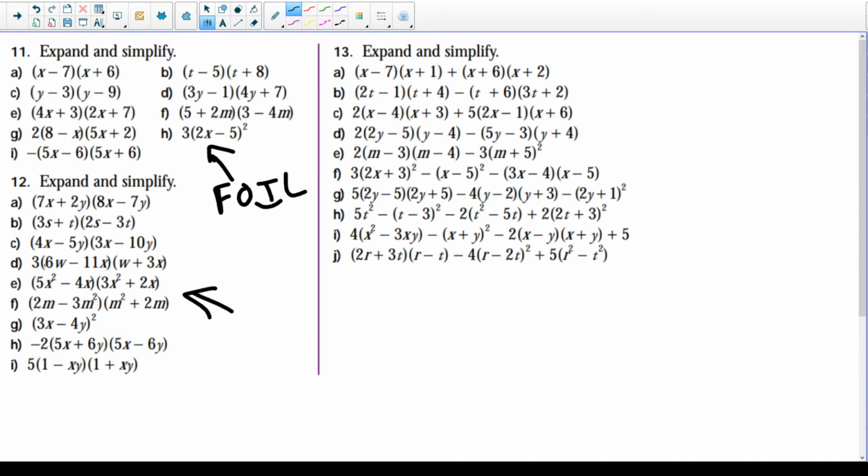Like if you look at D, there's a coefficient in front of the two brackets, but we've seen scenarios like that. We've even seen scenarios where there's two different letters involved. We were factoring those. So again, I feel like those should be pretty easy. And even looking at the last question in 13, which might be one that looks more imposing, it's just a bunch of combinations of FOIL, right? So it's longer, but it isn't more difficult than any of the other questions.